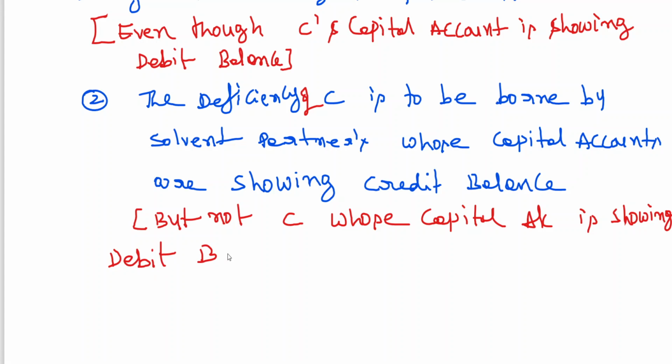We have learned that the deficiency of an insolvent partner should be borne by the solvent partners whose capital accounts are showing credit balance. Even though C is also solvent, since his capital account is showing debit balance, he is not going to pay. The deficiency of C is to be borne by solvent partners whose capital accounts are showing credit balance.